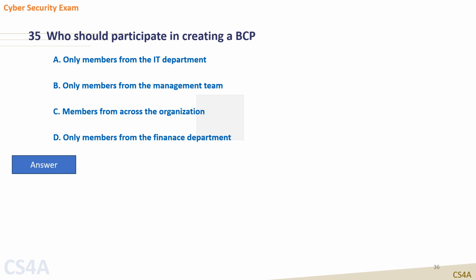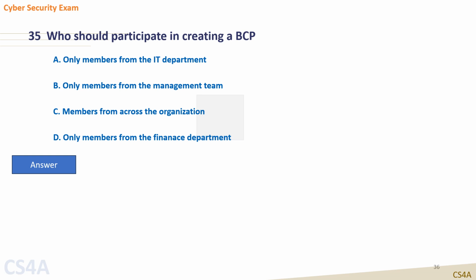So here the question is, who should participate in creating a BCP? Okay, in a business continuity plan, who should participate? So the options are only members from the IT department. That is not enough, because the IT department doesn't know the entire business operations. And only members from the management team. That is also not the correct one, because they don't know the full set of business operations or business critical operations.